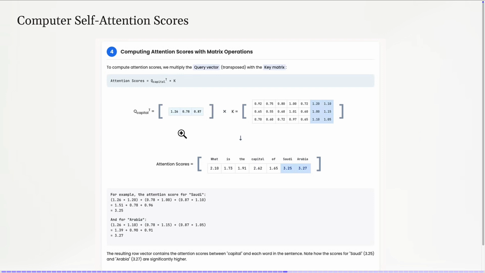In other words, it's the relevance between this word and all other words. إذا الدوت برودكت كبير مثلا من بين هذه وهذه، شوف مثلا هذه 325 يعني الكلمة هذه عندها علاقة كبيرة جدا بالكلمة هذه. سعودي أرابيا وكابيتال عندهم علاقة ببعض، أرابيا وكابيتال عندهم علاقة ببعض، لكن مثلا وات وإيز وذي علاقة أقل خاطر جاوا في سياقات أخرى in different other contexts. اللي عملناه مع الكيو كابيتال نعملوه مع الكيو سعودي أرابيا، مع الكيو مش ناخذ كل كلمة attention scores.